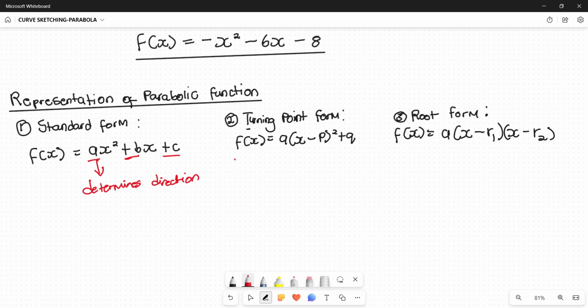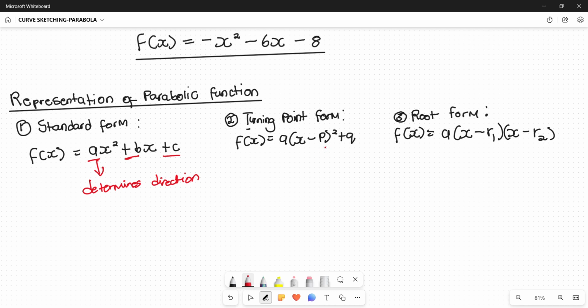Number two, we have the turning point form, whereby f of x equals to a into x minus p, all squared, plus q. In this form, the reason why it is called a turning point form is because we have already been given the coordinates of the turning point.